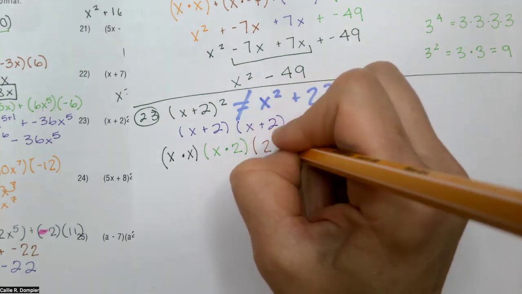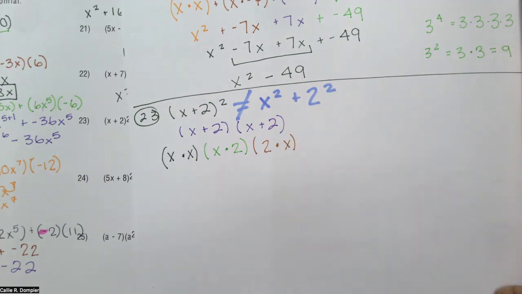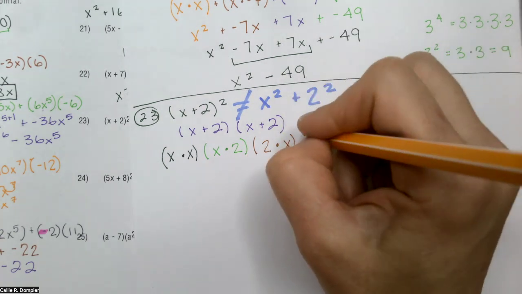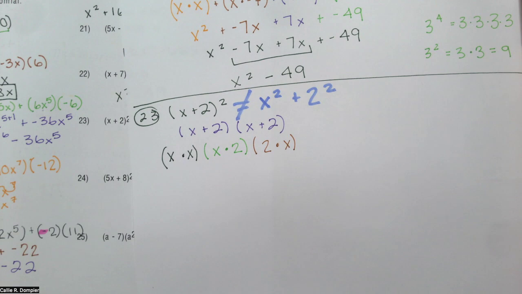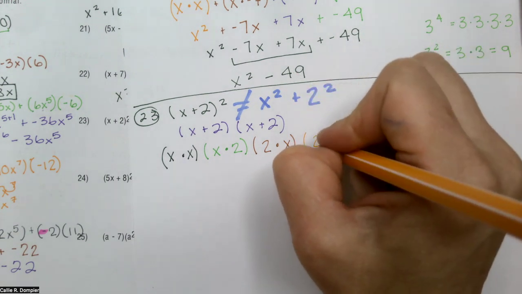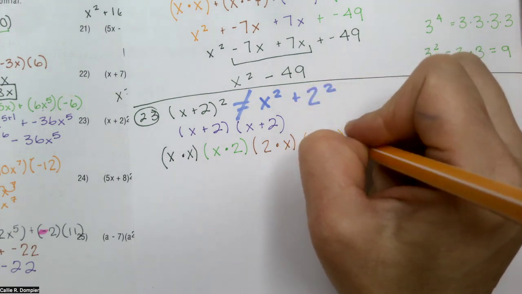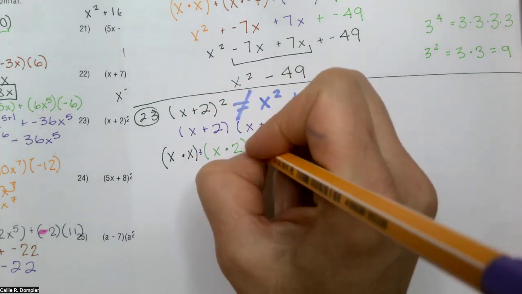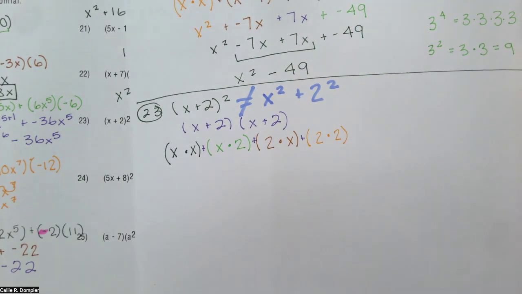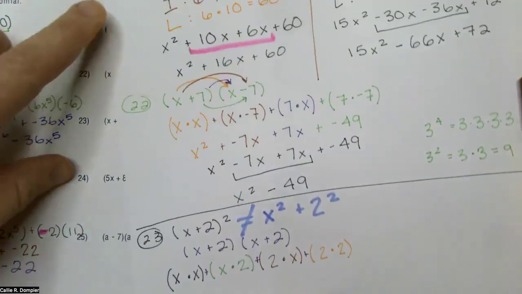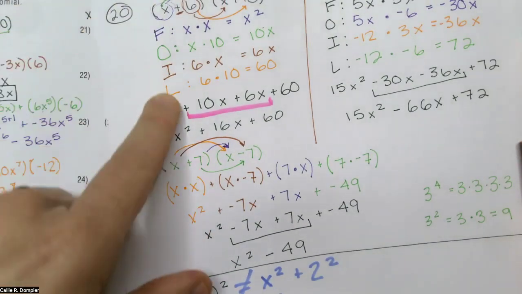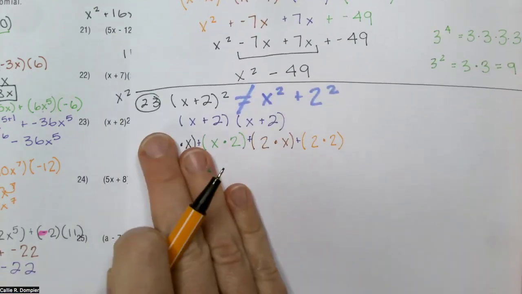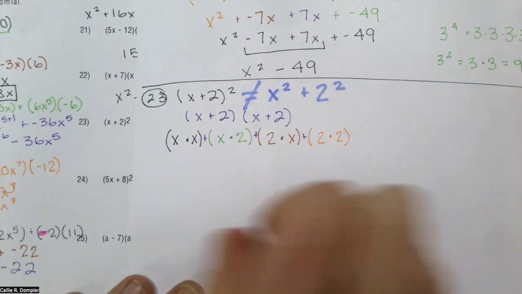Then we have 2 times x. And then we have 2 times 2. Sorry, I forgot to put all the plus signs between them. Good. So just like the FOIL, for FOIL, we wrote it out vertically. Here I'm writing it out horizontally, whichever you prefer.